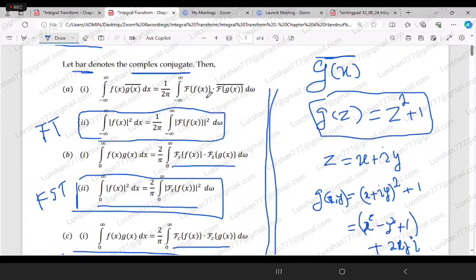Nothing to prove or understand here; you can think of them like a formula. Therefore please try to memorize these things, then we will prove this one.